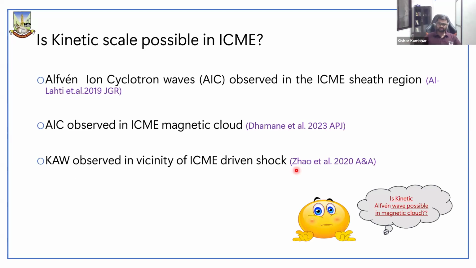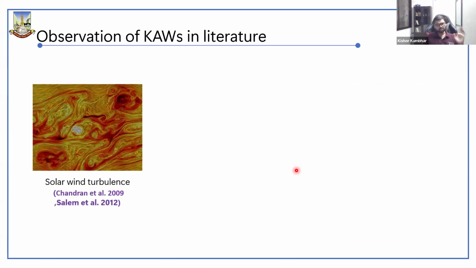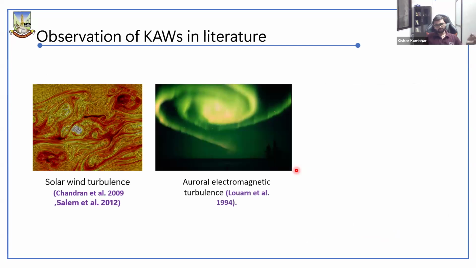So before we address this question, let us see where these KAW waves are observed, what their implications are on the surrounding space plasma environments, and what the different generation mechanisms are, and then we'll come back to this. So in literature, there have been several observations of the KAWs. A few of them: they are observed in solar wind turbulence. They have been observed in auroral electromagnetic turbulence.